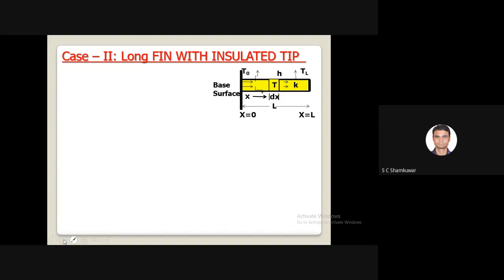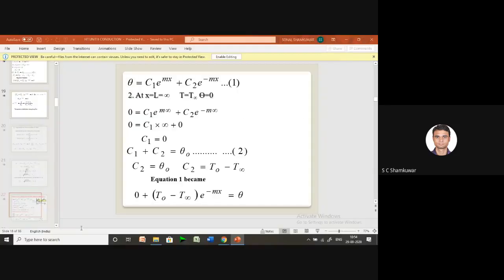Now we will take the second case, long fin with insulated tip.